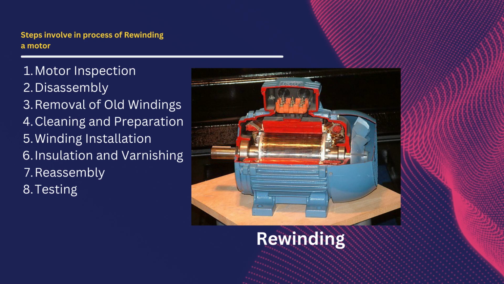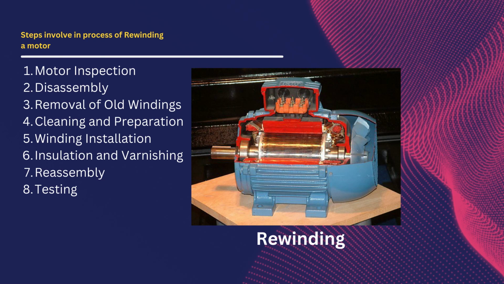Third is removal of old windings. The damaged or faulty windings are carefully removed from the motor. This process may involve cutting, stripping and unwinding the old copper or aluminum wires. Fourth is cleaning and preparation.